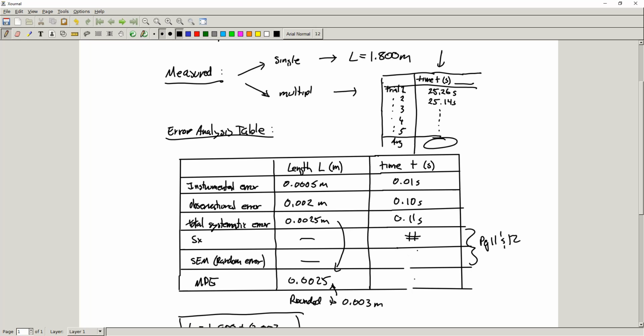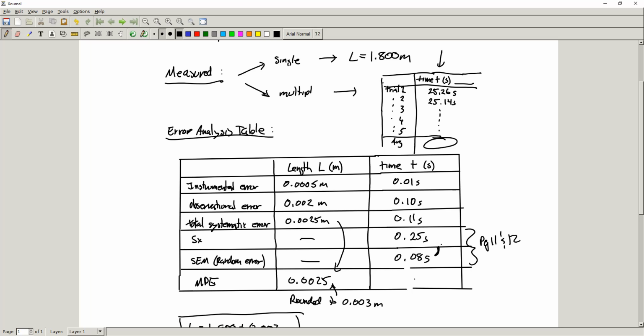I'm just going to make up a fake number here. Say our random error ended up being something like 0.08 seconds, and this standard deviation would have been somewhat larger, say 0.25 seconds or something. Again, these are not correct. I'm just making them up on the spot.